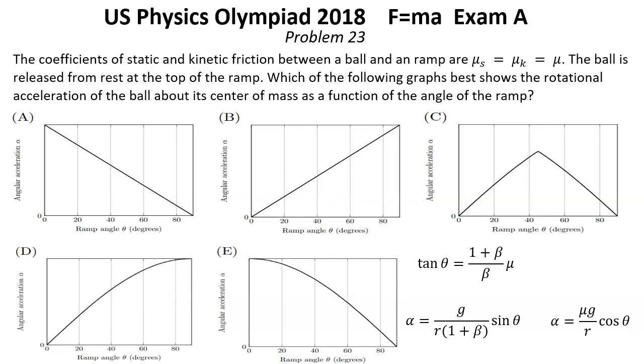For small angles, tangent theta less than this expression, we have alpha is increasing function, and for tangent theta more than this expression we have a decreasing function. These both functions, they are concave down, and also they have a sharp angle. So that's the definitely graph C. And this is the answer for problem number 23.